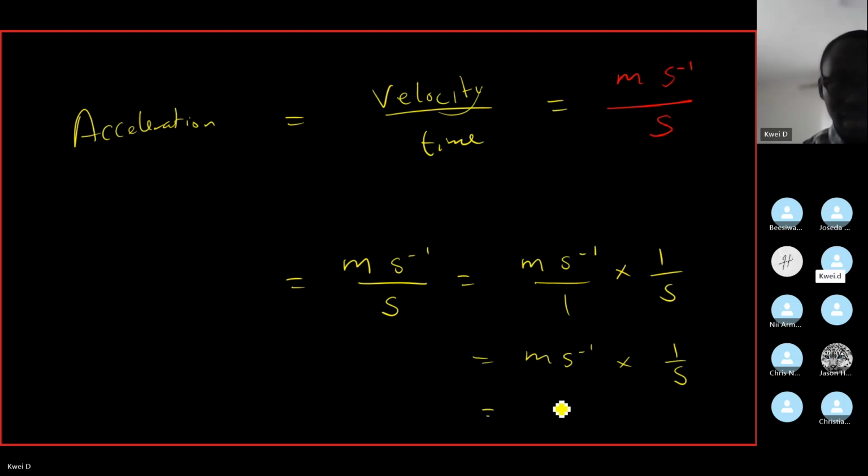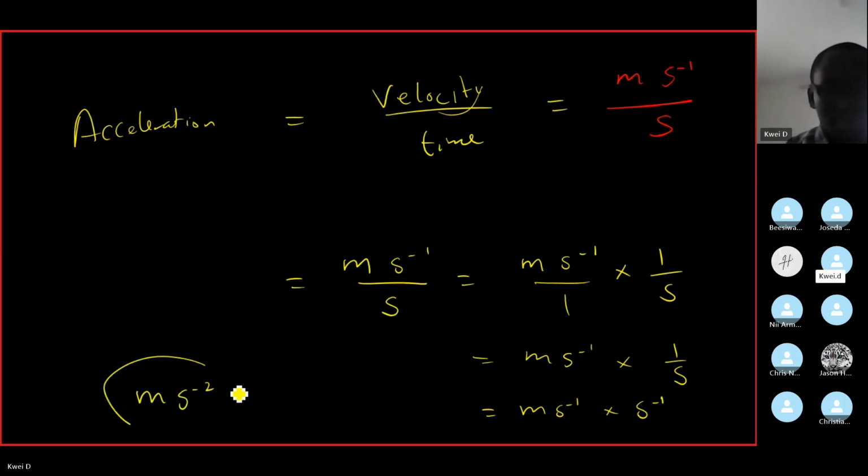So that gives you m s to the minus 1 times s to the minus 1. Good. So you can see that if you do the maths, you are going to get what? m s to the minus 2. And that can also be written as meter per second squared, like that. And that's another way you can write it. Okay, so keep that in mind.